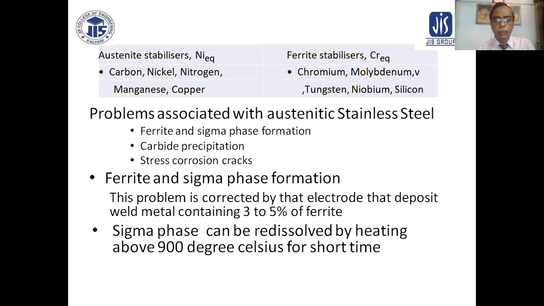Ferrite and sigma phase formation: this problem is corrected by an electrode that deposits weld metal containing 3 to 5% of ferrite. Sigma phase can be dissolved by heating above 900 degrees Celsius for a short time.